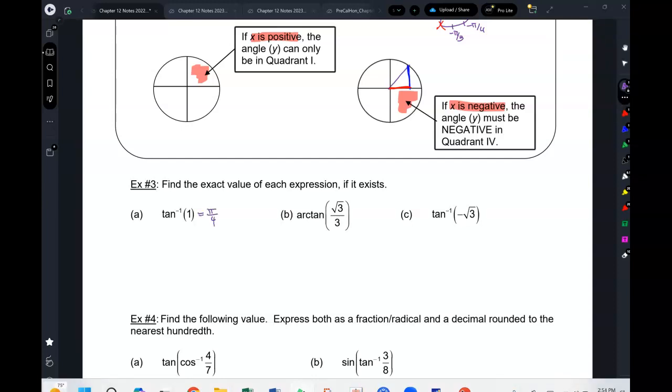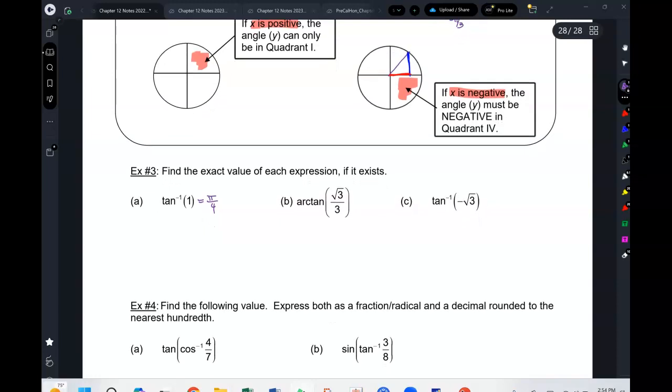Tangent of pi over 4 is 1, because if you do opposite over adjacent, you get 1. Y over x, you get 1. Okay, arctangent of root 3 over 3. So now we have to figure out for what angle, when I do the y over the x, I get root 3 over 3. Maybe there's a little bit of trial and error here for the first one.